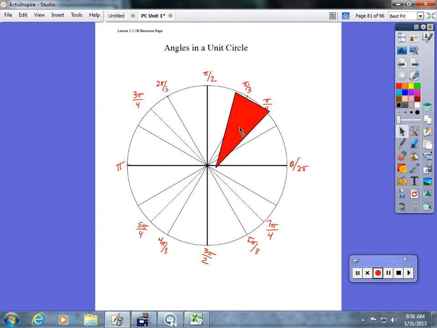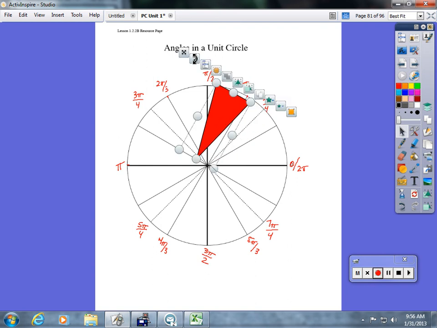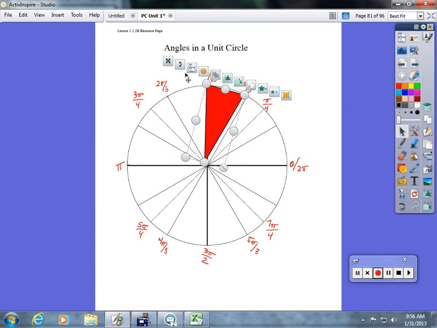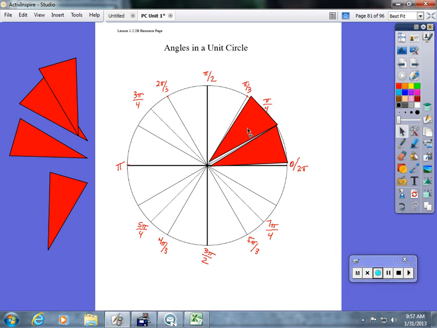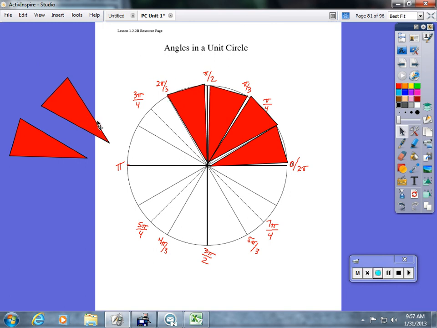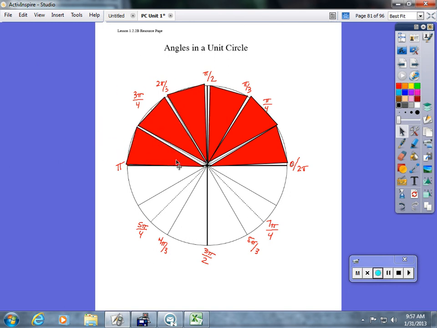Okay, that's 2 pieces, and then 3. All right. Okay, now I'm ready. So if I look at this, here's one piece that fits at that line, and then 2, and then 3, and then 4, and 5, and then 6.